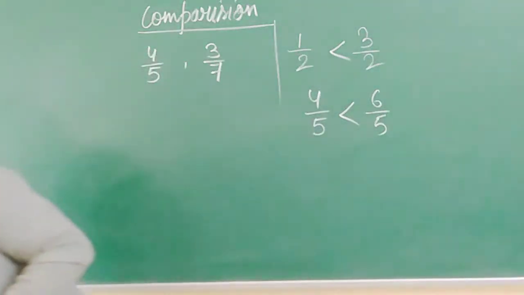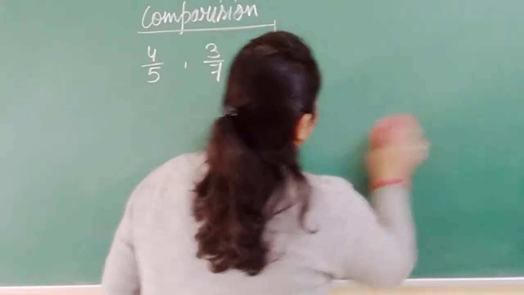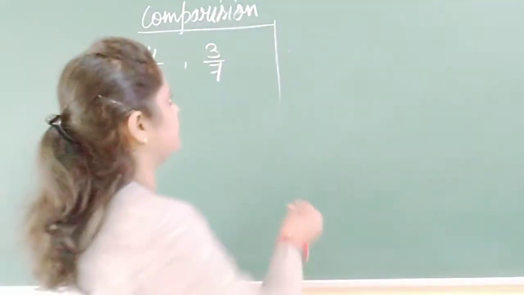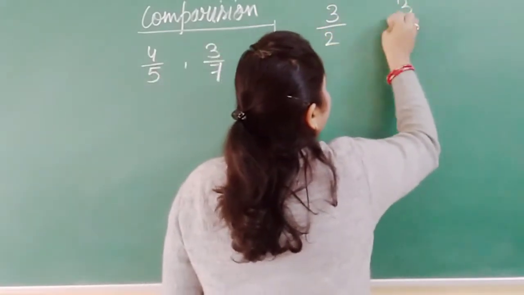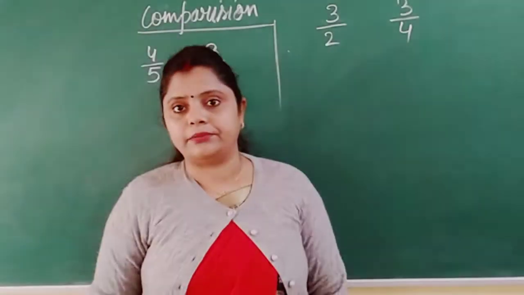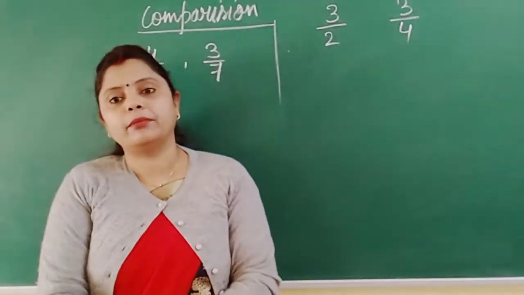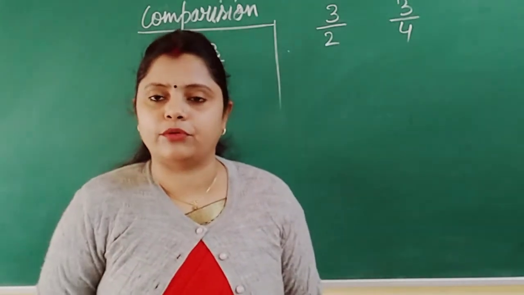Now let us discuss one more rule. Suppose I write 3 by 2 and 3 by 4. Which one is greater, 3 by 2 or 3 by 4?